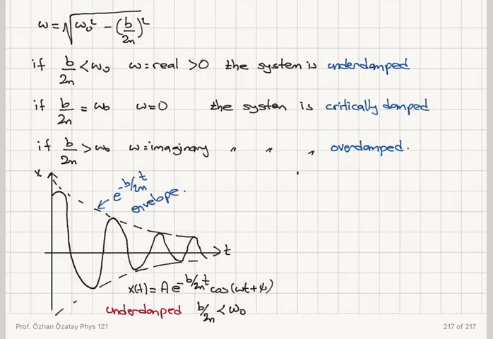Now, if I look at critically damped and overdamped cases where I have no oscillations, we see that x decreases as a function of time, so it's an exponential decay. The strength of the exponential will be different if it's critically or overdamped.